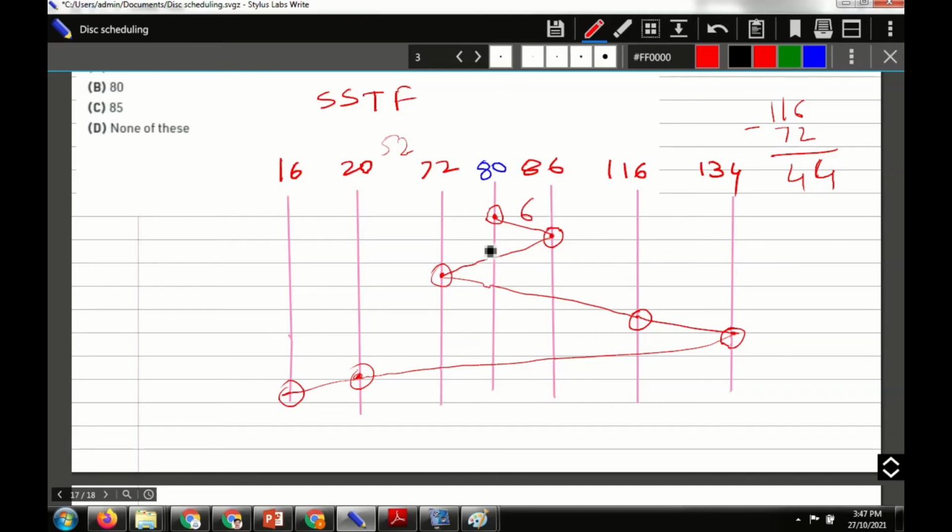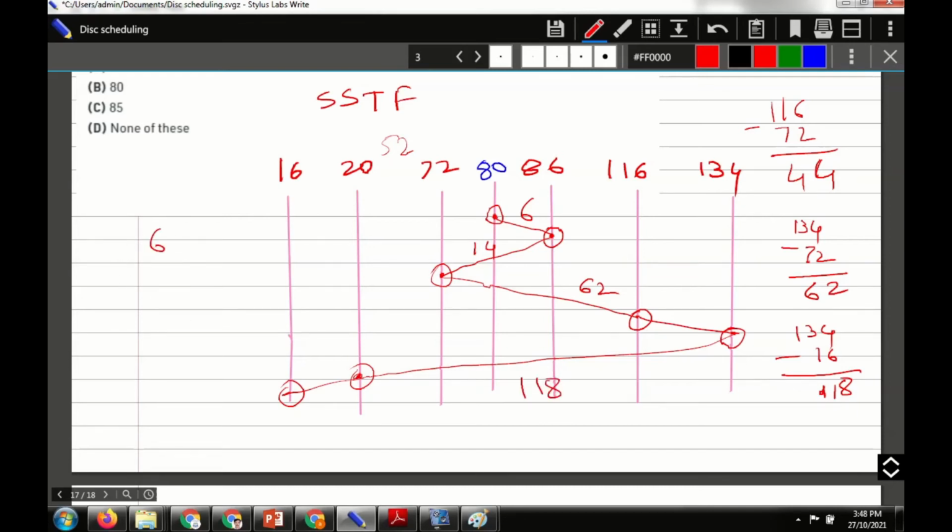Now let us calculate the total distance required. This distance is 6. Then 86 minus 72 is 14. Then from 72 to 134, 134 minus 72: 4 minus 2 is 2, and 13 minus 7 is 6, so the distance is 62. And from 134 to 16, 134 minus 16: 14 minus 6 is 8, and 12 minus 1 is 11, so the distance is 118.